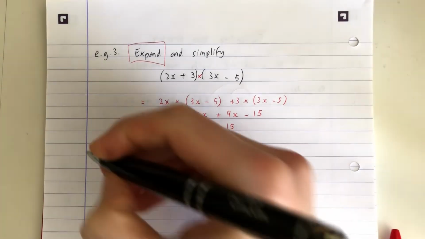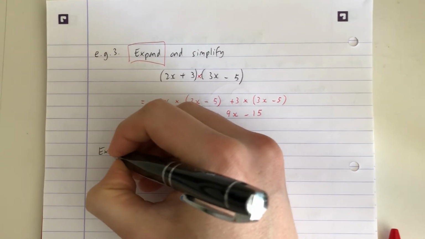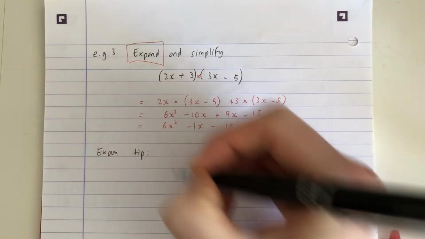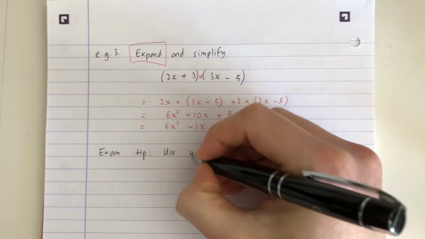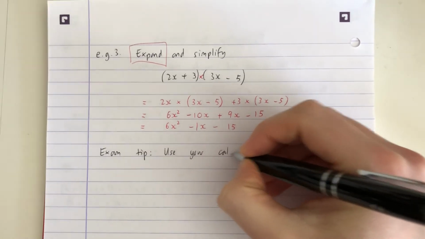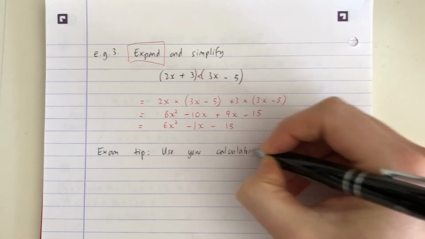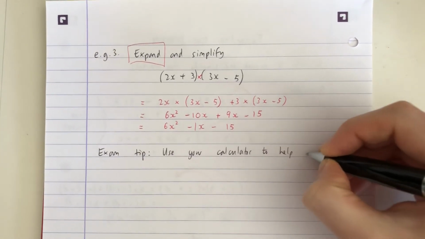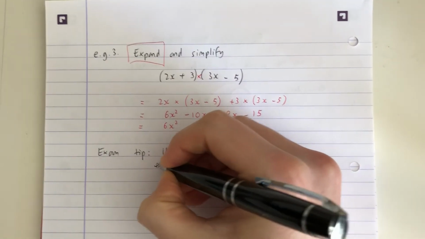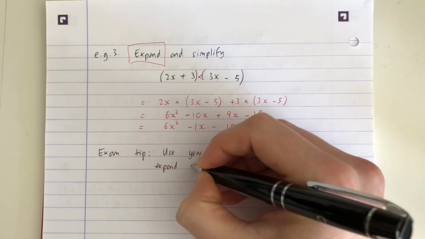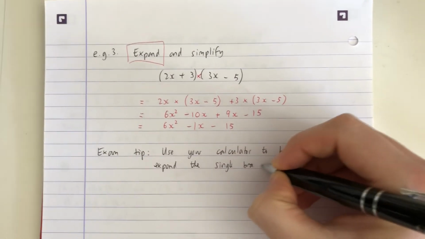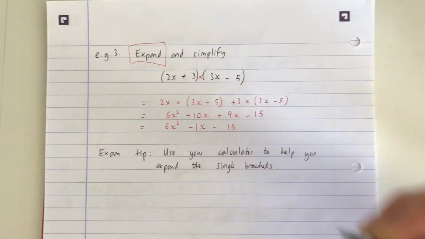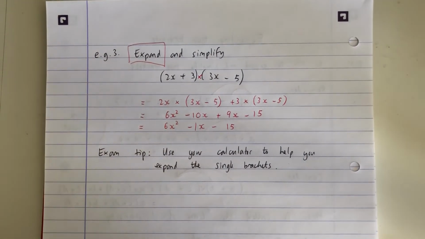Now, my exam tip, based on what I've just done wrong, is use your calculator to help you expand the single brackets, and that's especially important when you've got negative numbers.